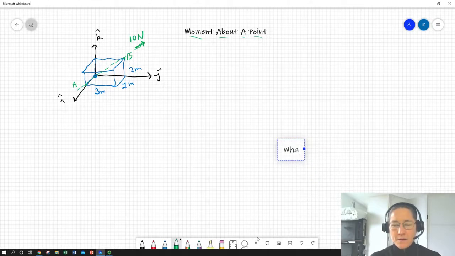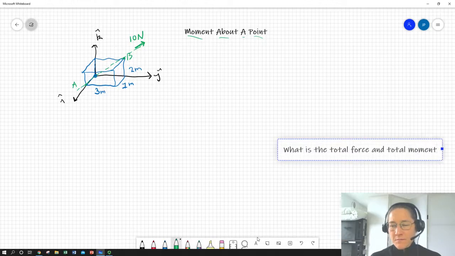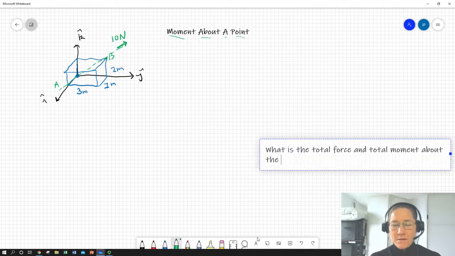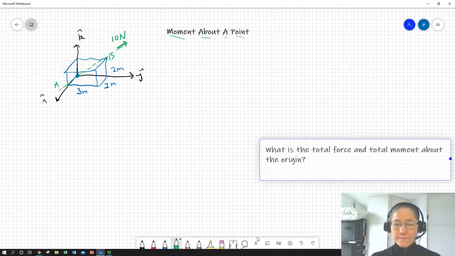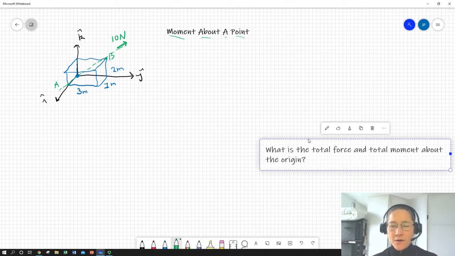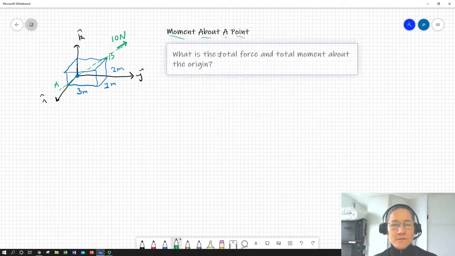What is the total force and total moment about the origin? So that's going to be our question we'll ask ourselves for this system.